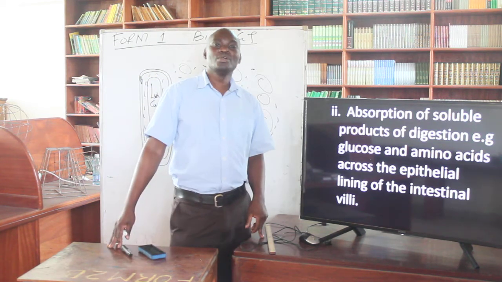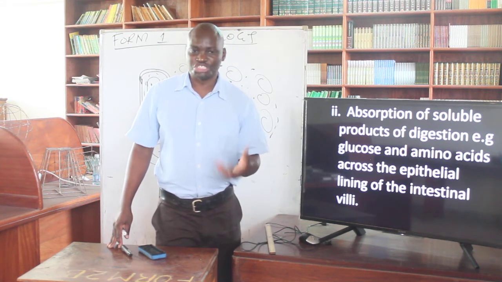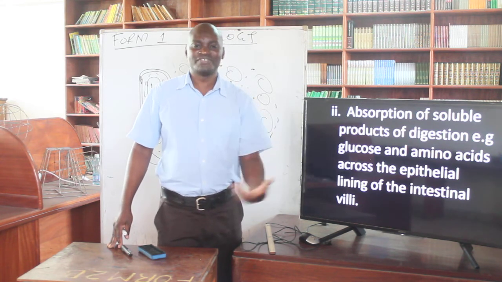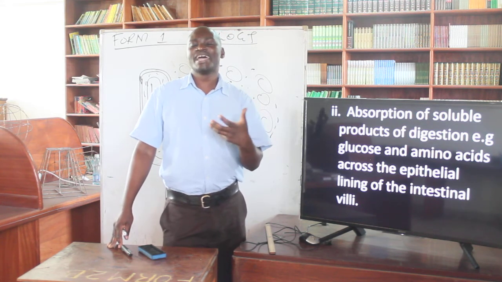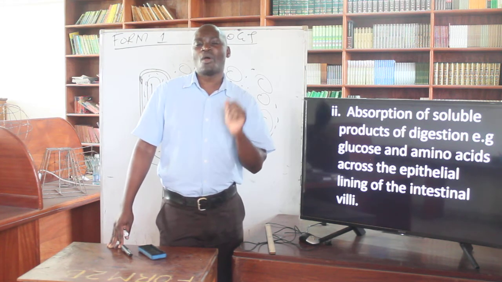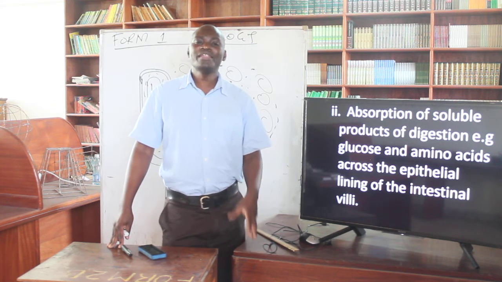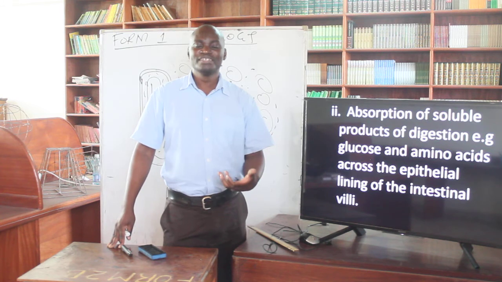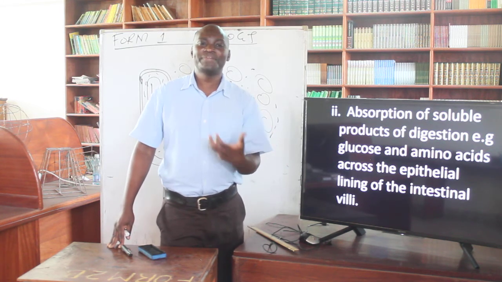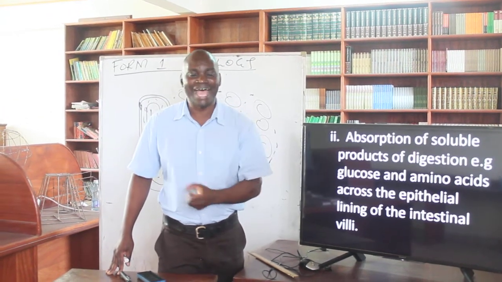Now, last time we talked about the epithelial tissue, and we said epithelial tissue covers the internal walls of various organs and parts of the body. So one of the organs in the body that has a layer that covers it, called an epithelial lining, is the intestines.